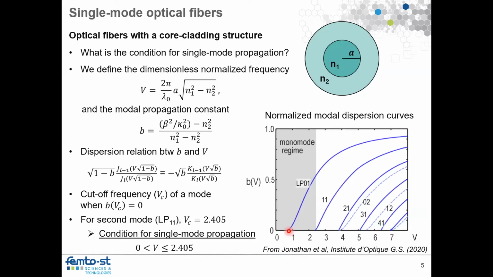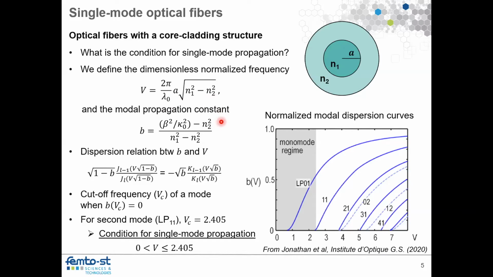When you want to find the conditions for single mode propagation, you have to find which parameters confine this monomode regime. You can find this in any book on the basics of fiber optics. You have this normalized frequency, a very useful parameter because it includes most of the parameters of the fiber.